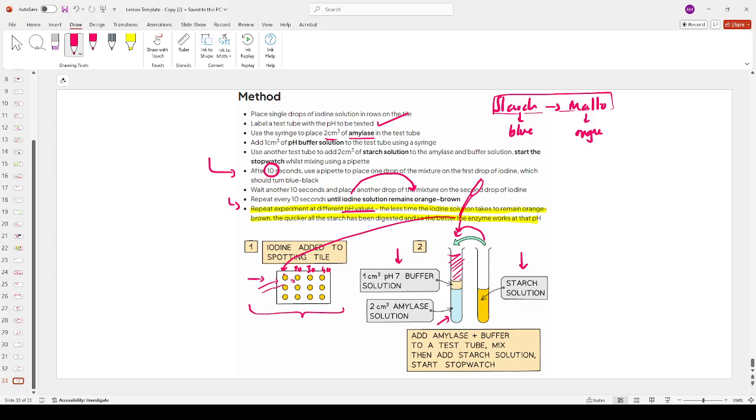You will have multiple tiles: one tile for pH 4, one for pH 5, one for pH 6, one for pH 7, one for pH 8, and one for pH 9. Whatever you are investigating.